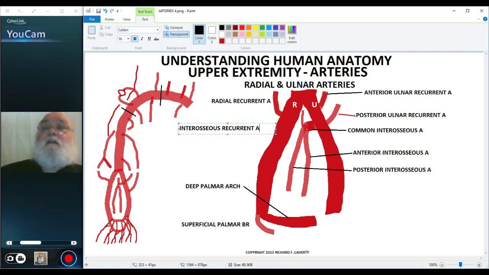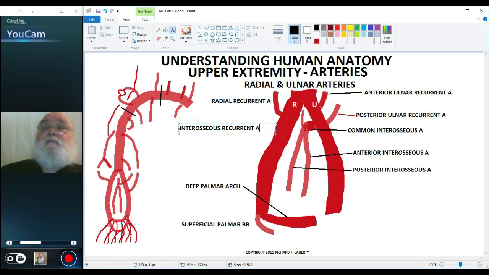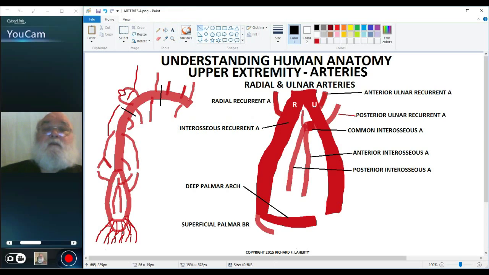And let me draw a line to it here. And the interosseous recurrent passes posteriorly to the posterior compartment, and it ascends up into the arm.